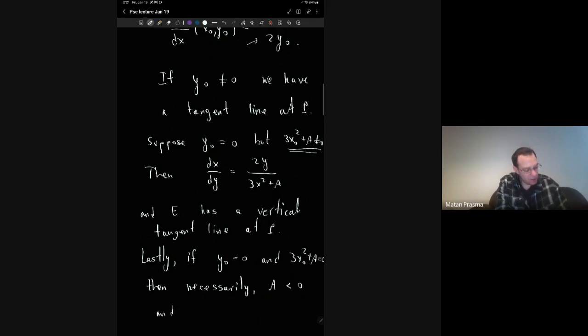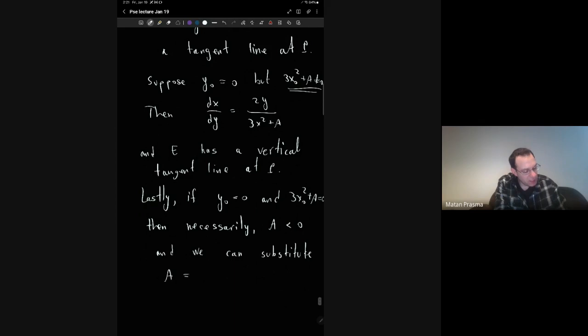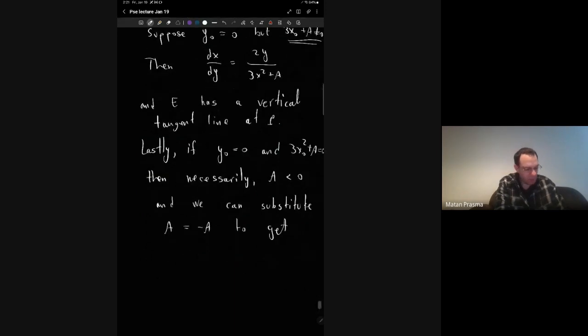And we can substitute, instead of a, I substitute minus a, and I get that 3x0 squared minus a is equal to 0, with a now being a positive number.